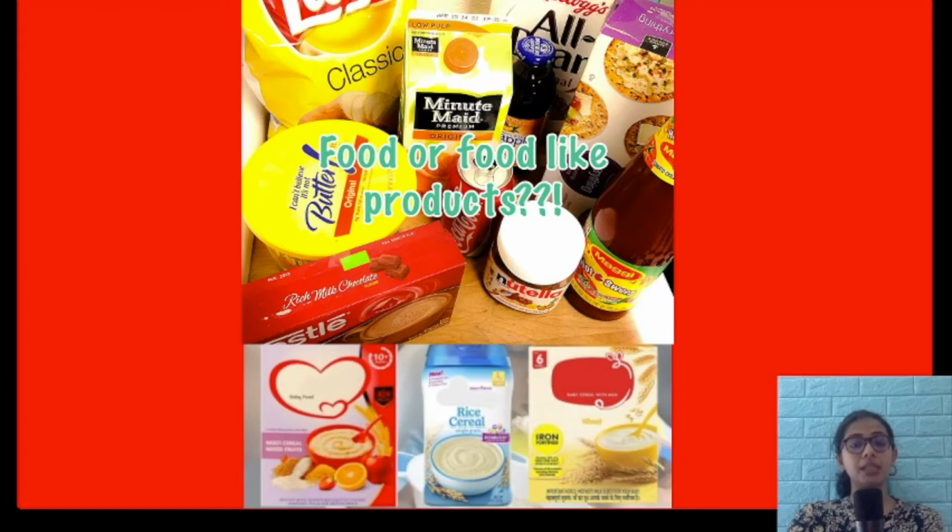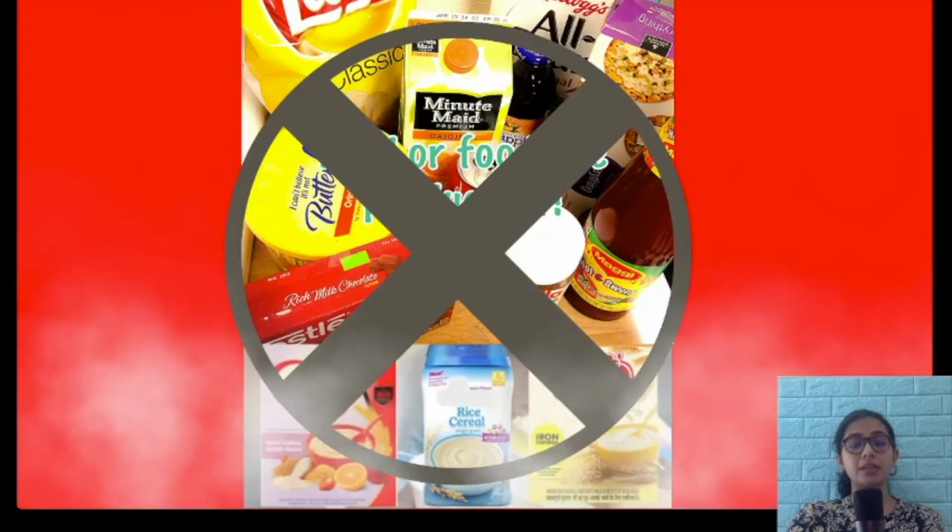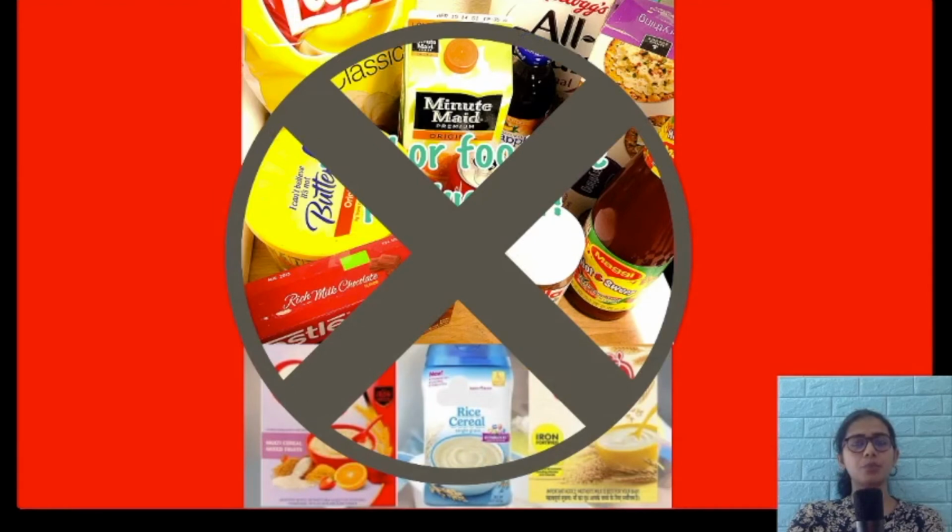But in actual, these are all unhealthy because they're all packaged and most ingredients in them are foreign to our body, and therefore our body doesn't know exactly what to do with them because they're all artificial, right? So we need to avoid such processed and packaged food at all costs. It's easier said than done, but we need to take care that it's reduced to the bare minimum at least.